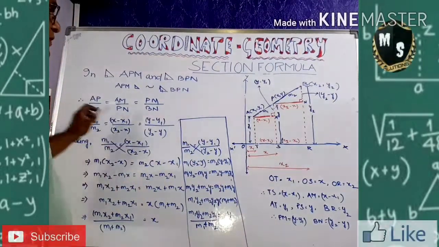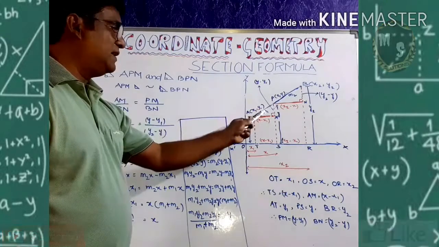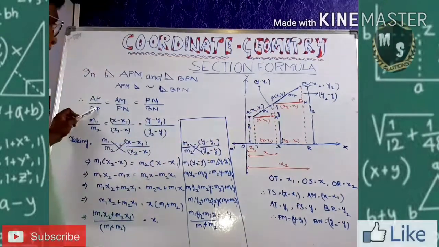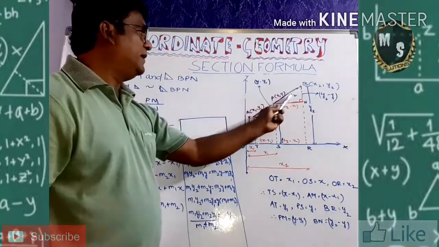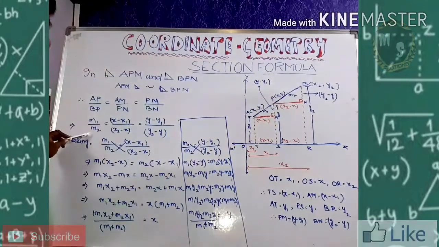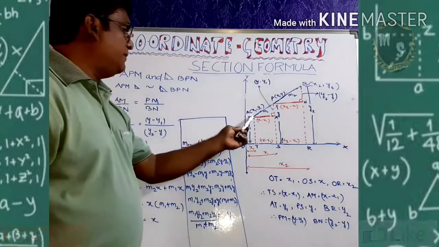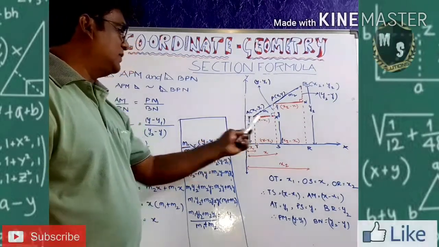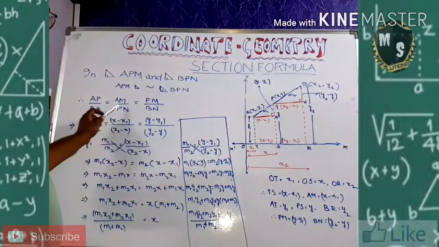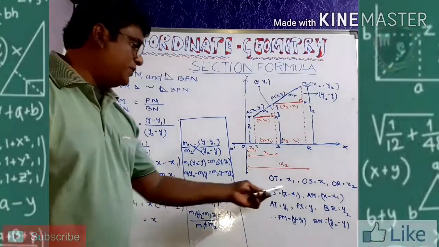So according to that, you have to put the measurements. What is AP? A to P is M1. What is BP? B to P is M2. So M1 by M2 is equal to AM. What is A to M? X minus X1, by PN. What is PN? You can see from here also.